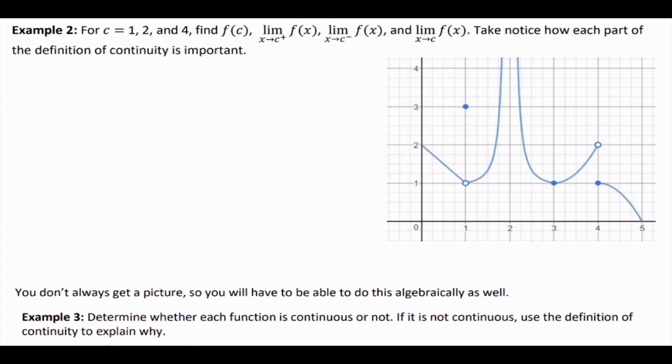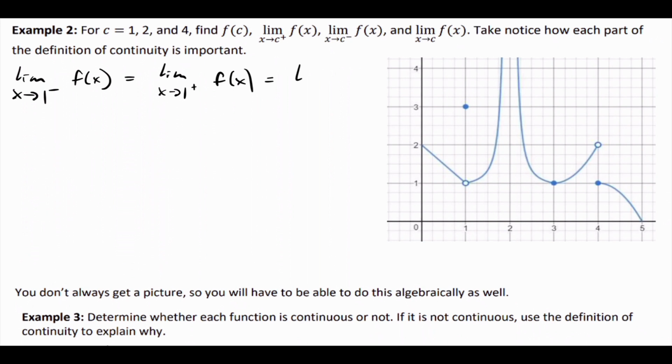So what we're going to do is start at x equals 1. So we're going to write the limit as x approaches 1 from the left for f of x. The limit as x approaches 1 from the right for f of x.